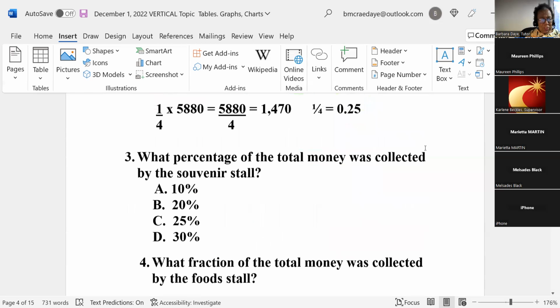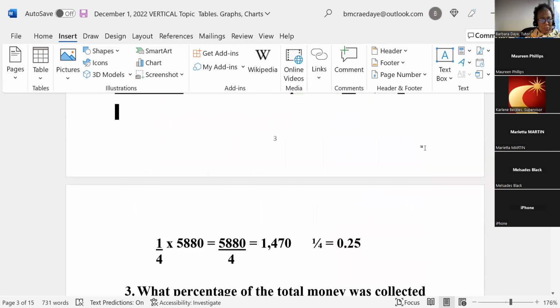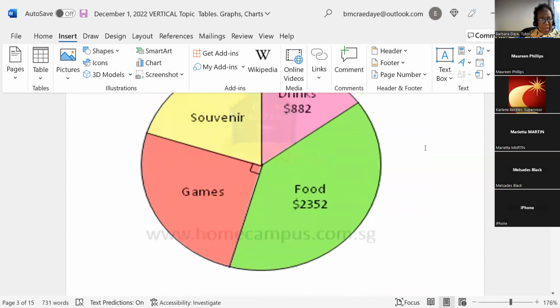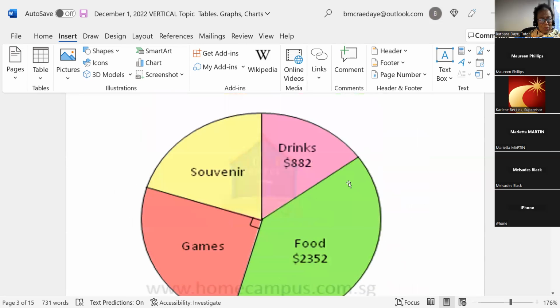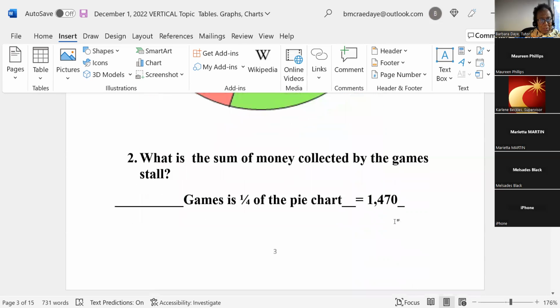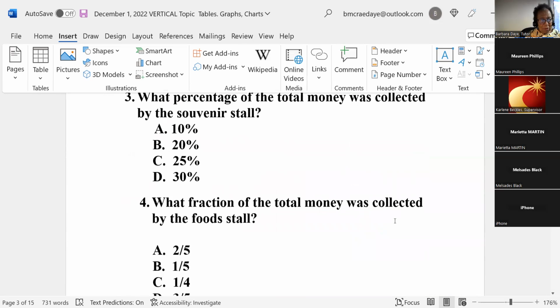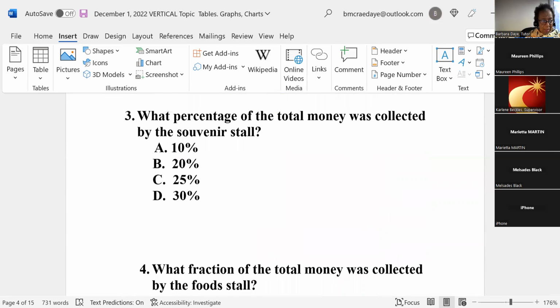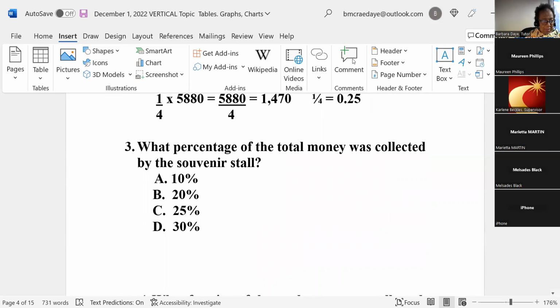For number 3, we're looking for souvenirs percent, right? Now, you know all of these numbers except which one? Souvenirs. Okay, so for number 3, let's just put down the numbers.